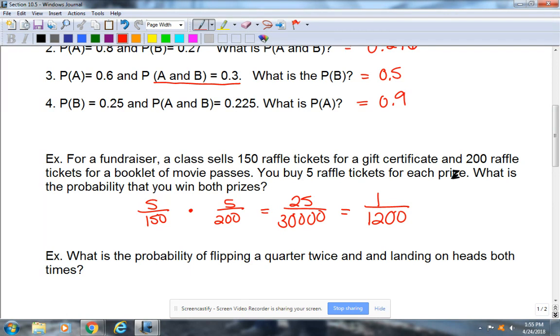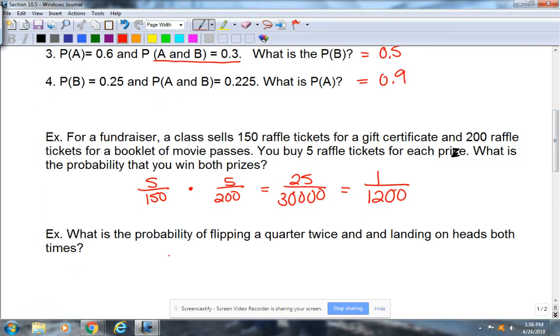So here we go. Here we're flipping 2 quarters or flipping the same quarter twice. What's the probability of flipping a quarter twice and landing on heads both times? Well, what's the probability that it lands on heads one time? 1/2, right? What's the probability that lands on heads again? 1/2 again, right?